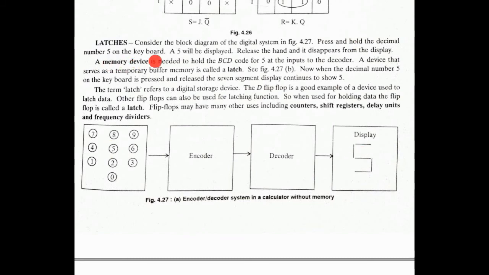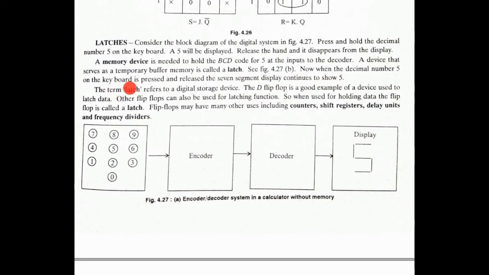A memory device is needed to hold the BCD code for 5 at the input to the decoder. A device that serves as a temporary buffer memory is called a latch. Now, when the decimal number 5 on the keyboard is pressed and released, the 7 segment display continues to show 5.